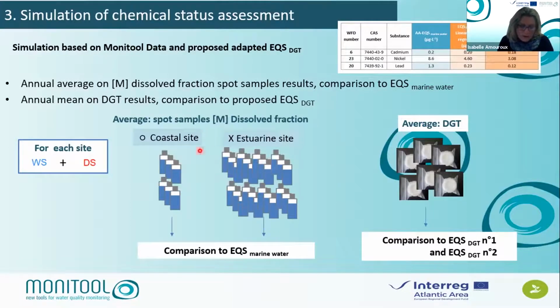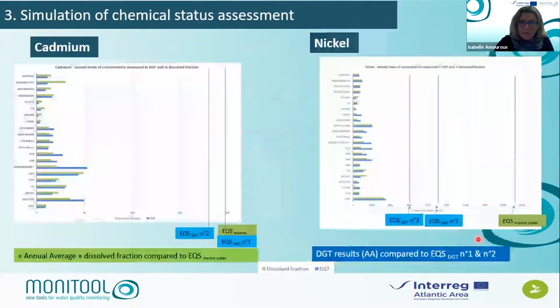And so an annual average concentration was calculated for sites with results on both seasons. And this average was compared to EQS marine water. Similarly, the average of DGT result was calculated and was compared to EQS DGT number 1 and number 2.